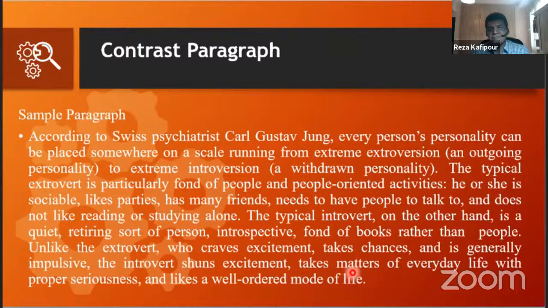Here, "who craves excitement... impulsive" is a dependent clause between two commas. So as you see, with "unlike" we started a one-to-one contrast, talking about each characteristic of two persons in a single structure by using the preposition unlike.